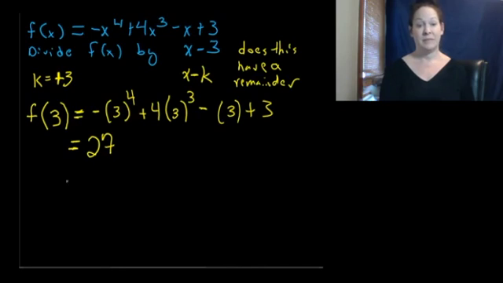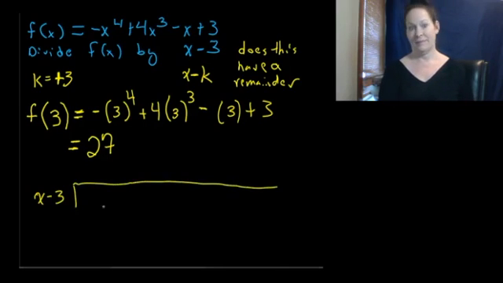Now I'm going to do the double check on this. I'm going to take x minus 3, and I'm going to divide it into this. But nope, I have my missing x squared in there.